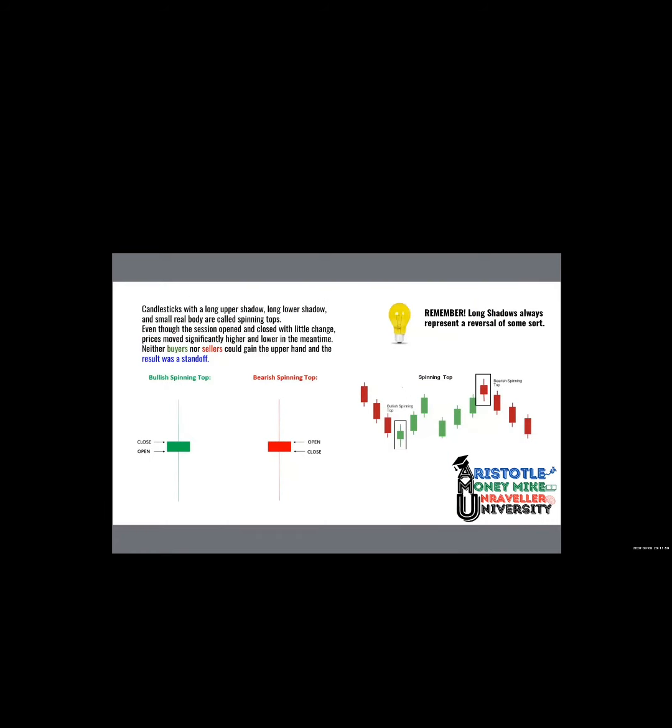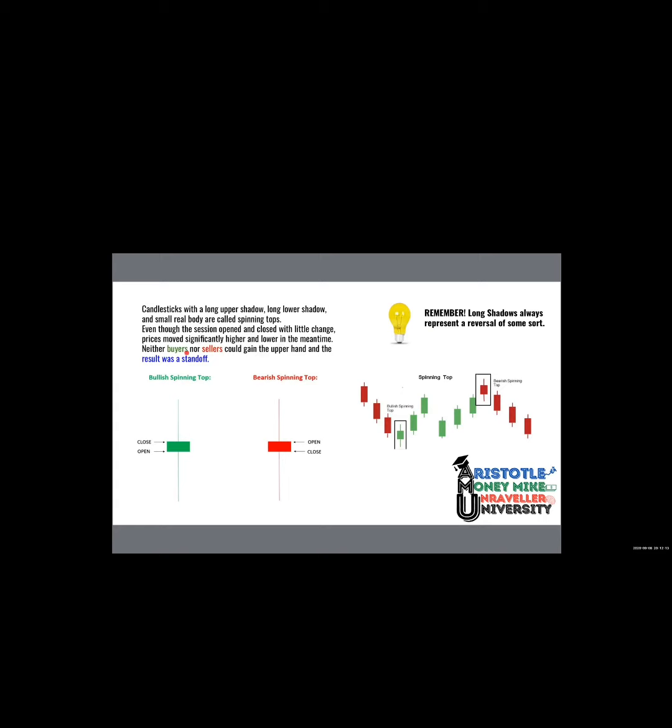Candlesticks with long upper shadows, long lower shadows, and a small real body are called spinning tops. Even though the session opened and closed with little change, price moved significantly higher and lower in the meantime. Neither buyers nor sellers could gain the upper hand. The result was a standoff. So how do we look at this spinning top?